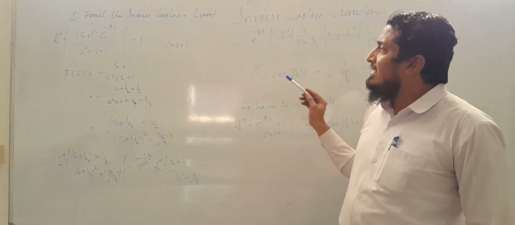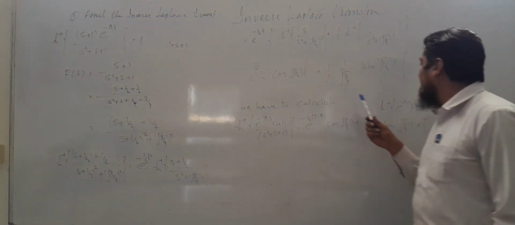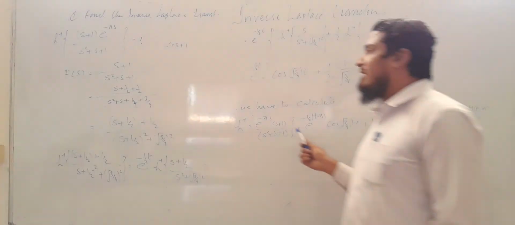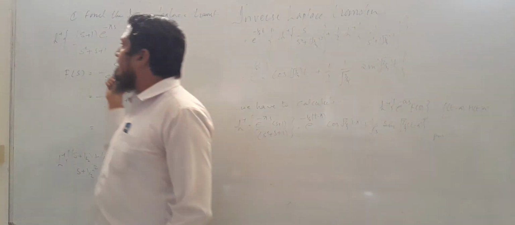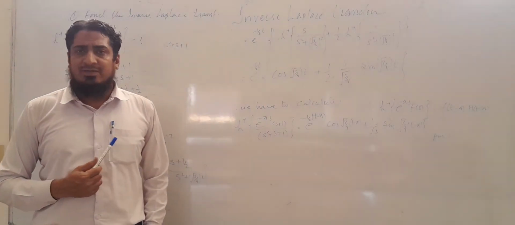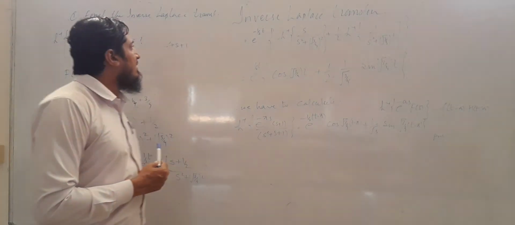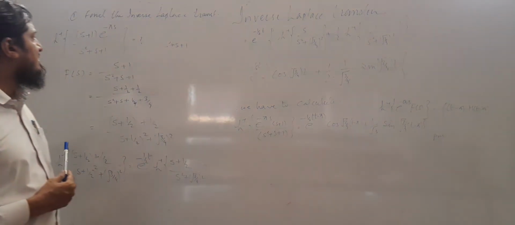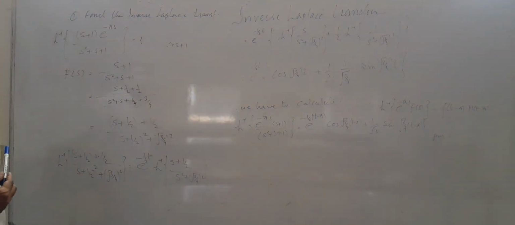So we can use this formula to solve such type of example. So remember and try to do all the examples yourself. It will be very beneficial in your exam when such type of example occurs.